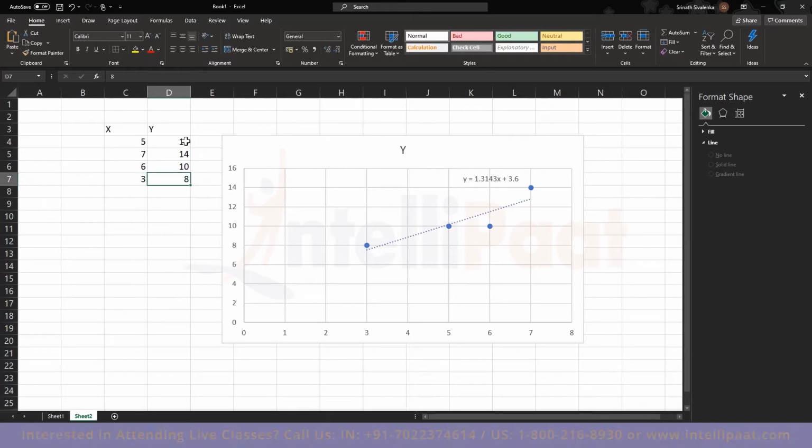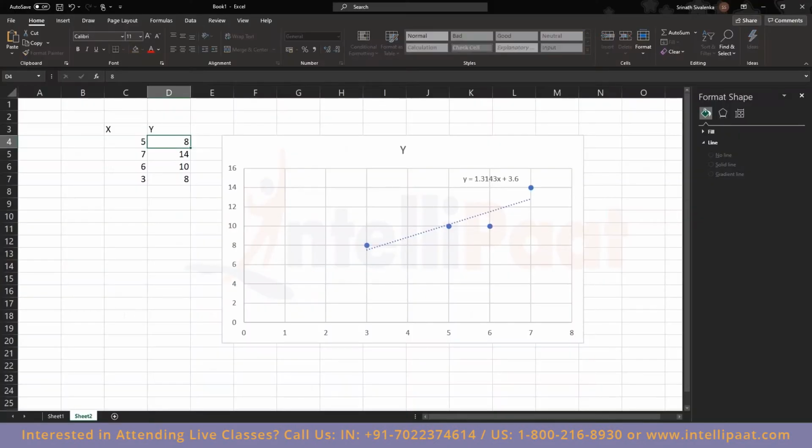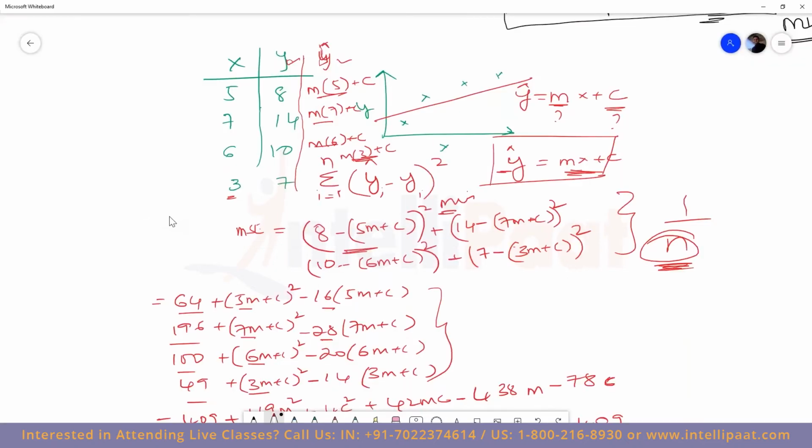I don't know why. Let me go back to 8. I'm not going to worry too much about it. I think what we've solved is not wrong. I know that for a fact because we've solved it by hand. Maybe there's some calculation error somewhere, but I don't think we should worry too much about it.